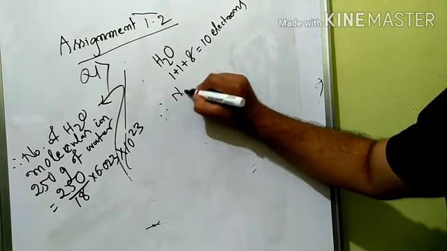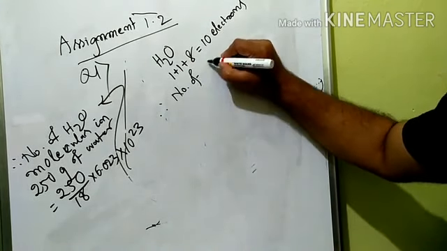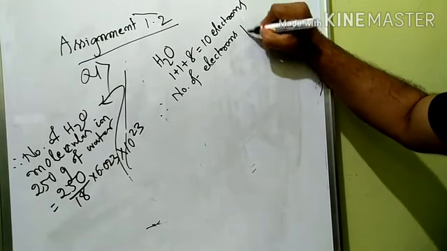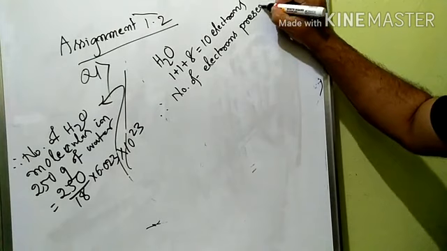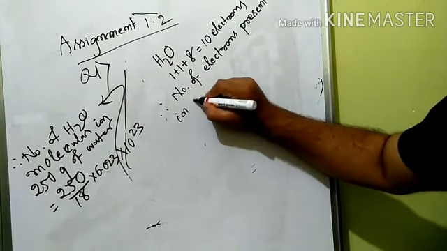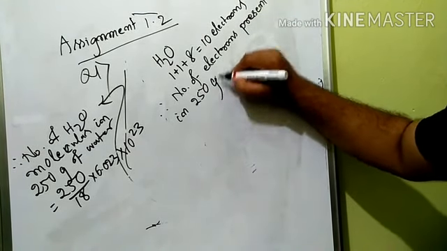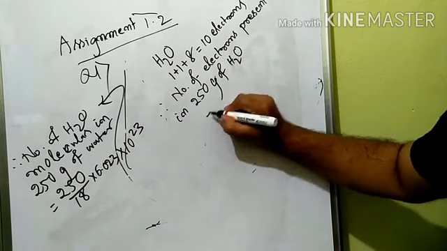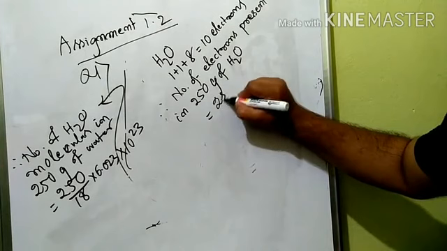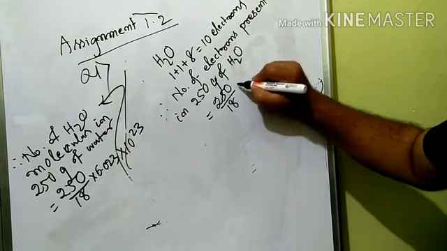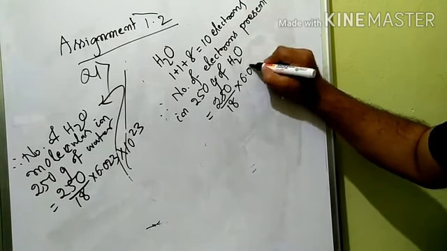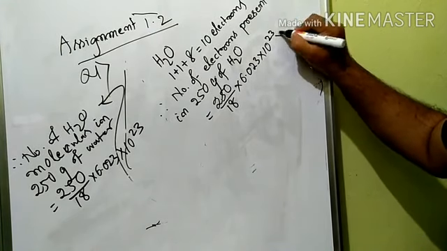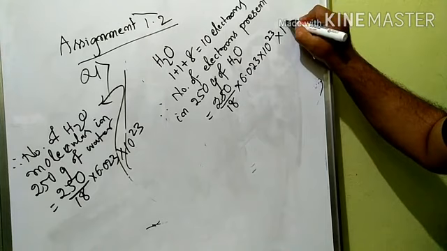Therefore, the number of electrons present in 250 gram of water is equal to 250 divided by 18 multiplied by 6.023 into 10 to the power 23 multiplied by 10.